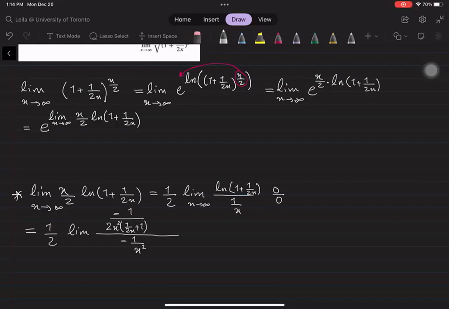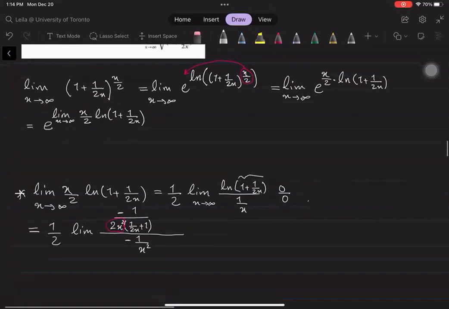The 2x squared here is because when you take the derivative of the ln, you also take the derivative of what's inside. And the derivative of 1/2x is minus 1/2x squared.